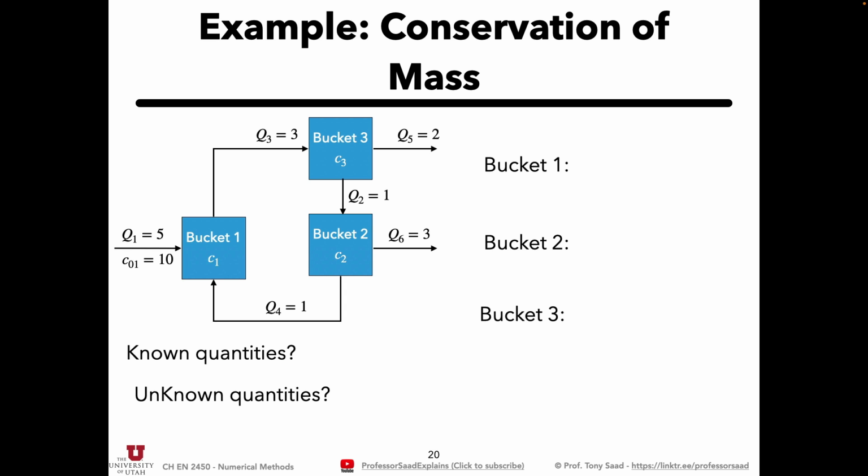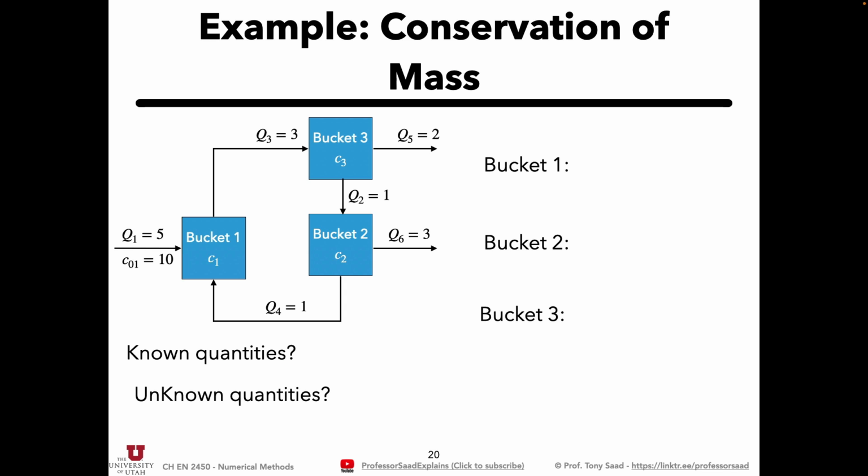And the question is, find C1, C2, and C3. What we know is all the flow rates everywhere. For example, we can apply a simple mass balance to bucket 1.